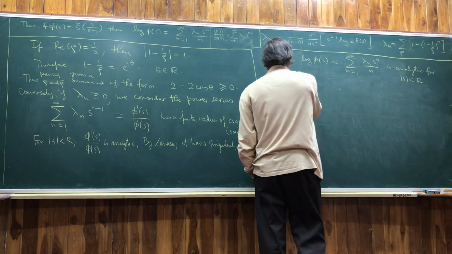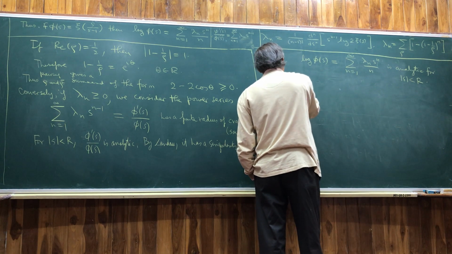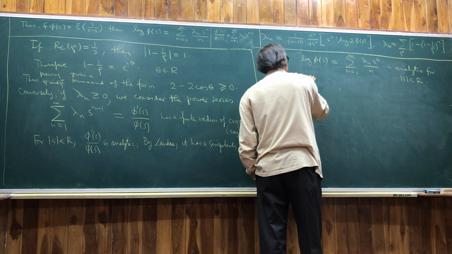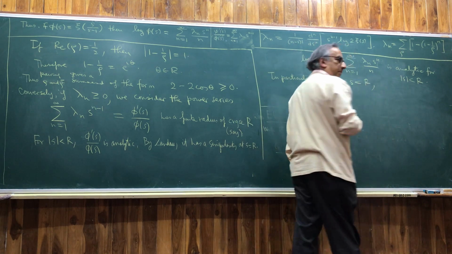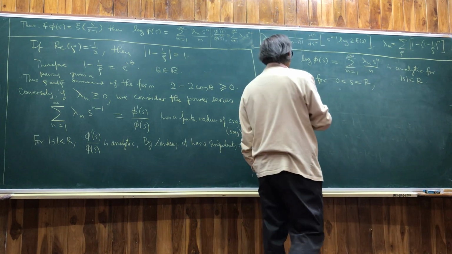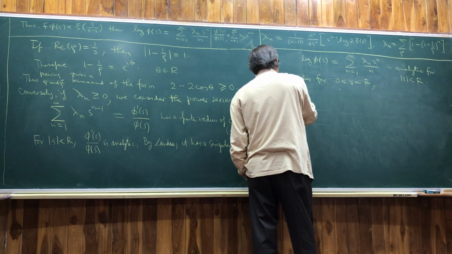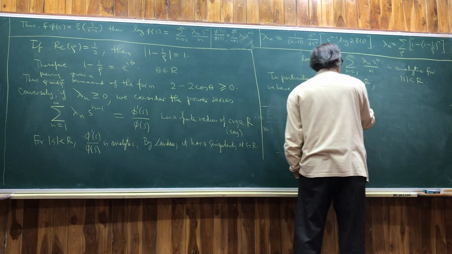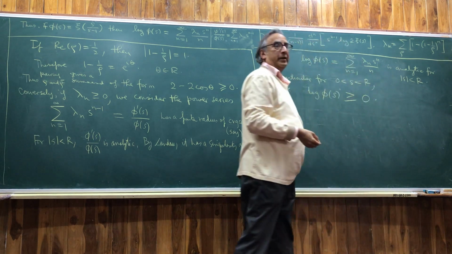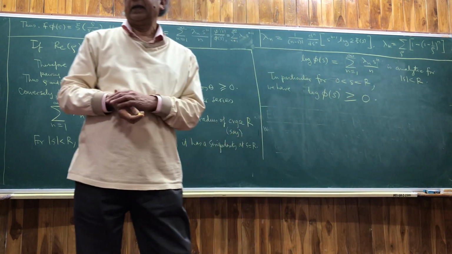In particular, for 0 less than s less than r on the real line, we have log phi of s bigger than or equal to 0. Because s is positive, the lambda n's are positive.